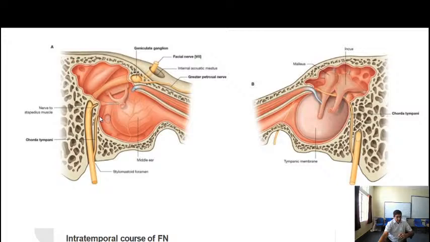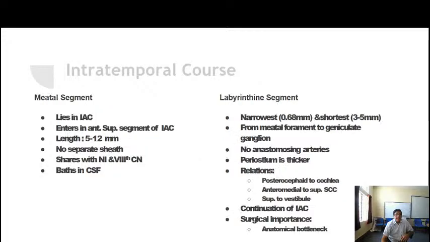This chorda tympani travels in the middle ear cavity and ultimately comes out anteriorly through the petrosquamous suture, and then joins the lingual nerve, travels along it, and ultimately joins the submandibular ganglion, which in turn gives parasympathetic supply to the submandibular and sublingual glands. Let me show you the diagram of that.